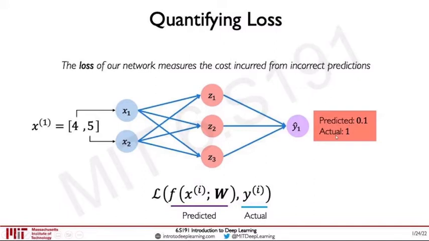That is also what we have in the statistical framework, where the error is the difference between what happened in reality and what your model predicted. So to quantify that loss, we call this predicted and actual.